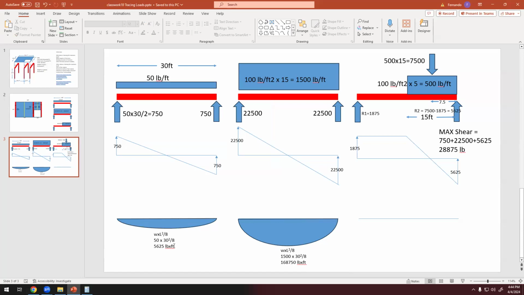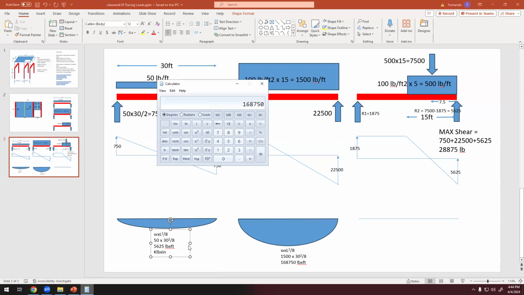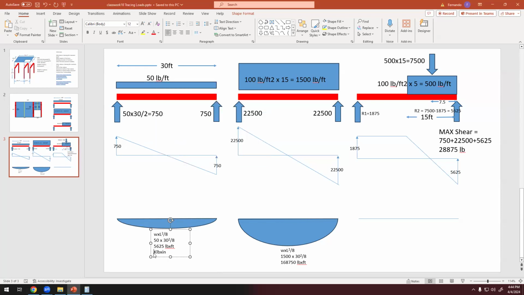Okay. So let's put this in kilopounds per inch, because that's the unit that we are going to use. It's kilopound times inch. So in kilopounds per inch, that would be 5.625 times 12. So this is 67.5 kilopounds per inch.